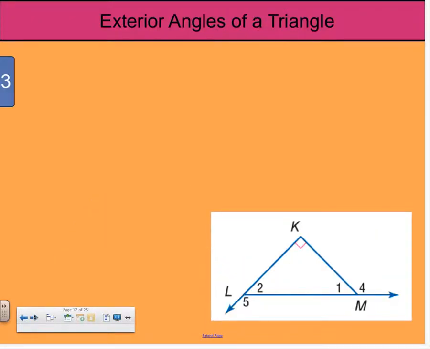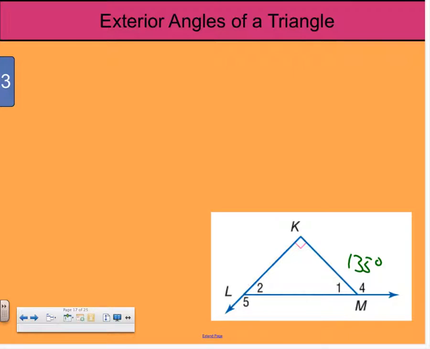So if I am given the measure of one of these exterior angles, can I find the rest? In this problem, they are telling us the measure of angle 4, and they're telling us that it is 135 degrees.